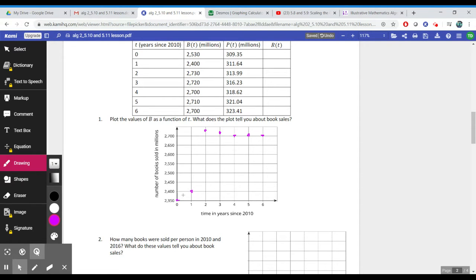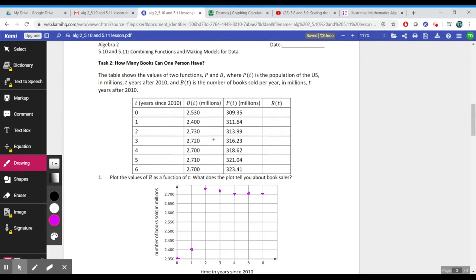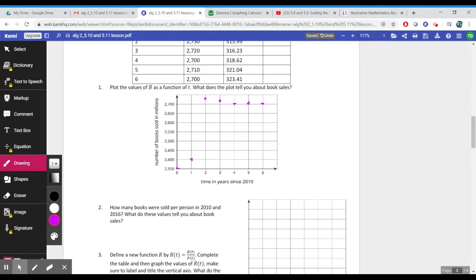All right, so I've got all my points plotted out on the graph here, and it wants to know, what does this tell us about book sales? So remember, in the prompt here, it tells us that b is the number of books sold in millions, t years after 2010.